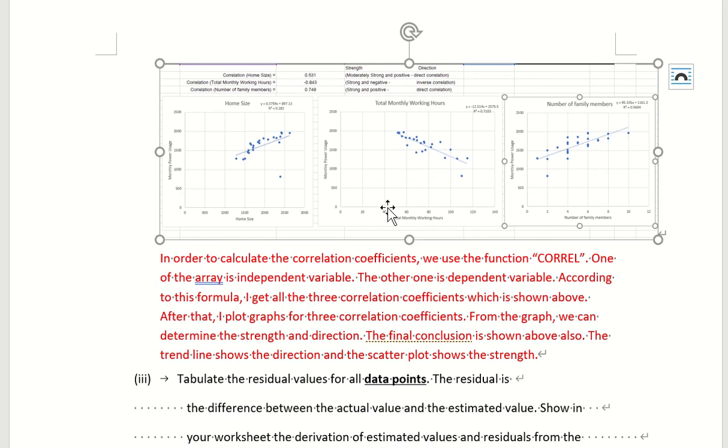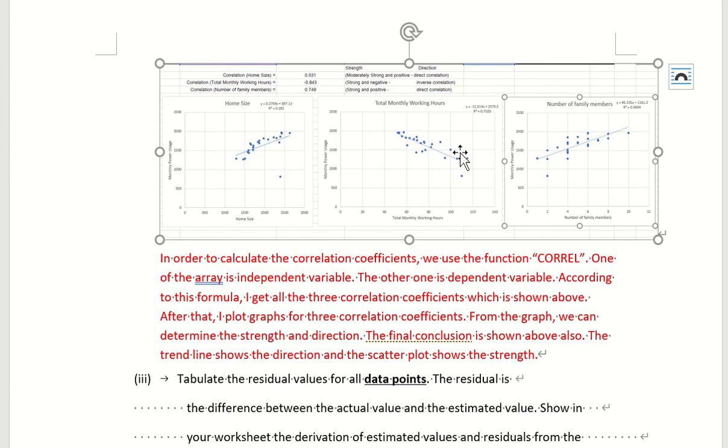After that, the three graphs will be plotted according to this, and from the graphs we can see that for home size, it has a direct correlation, and it's moderately strong and positive.